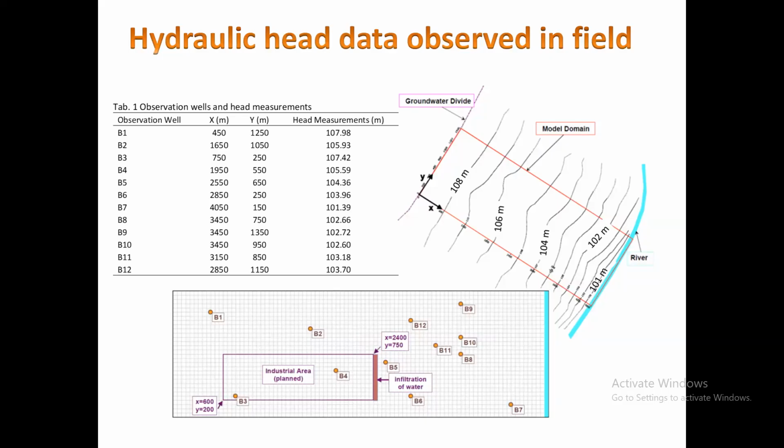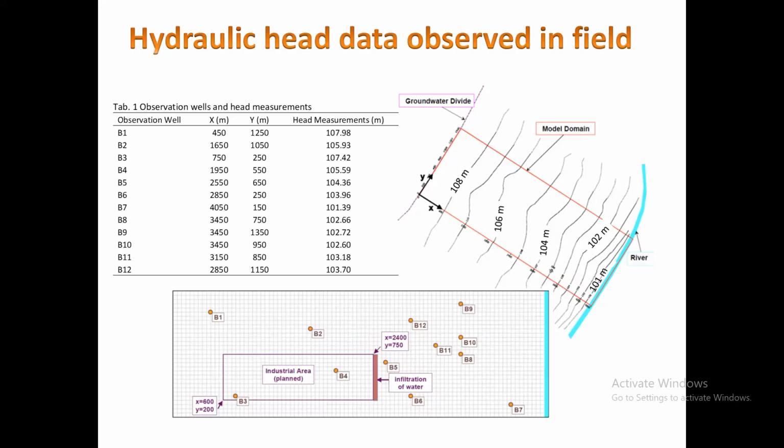MODFLOW usually, if I want to define these boundary conditions, the way we generally do it is by programming, like this. This is how I did it. But there is also a graphical user interface for MODFLOW.